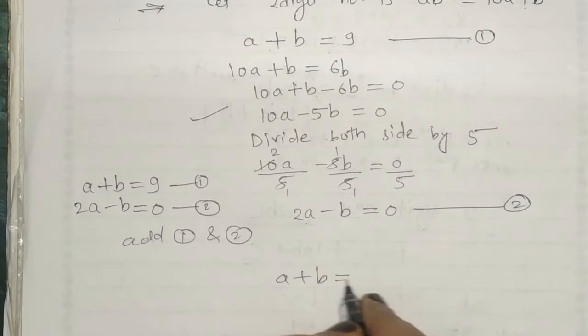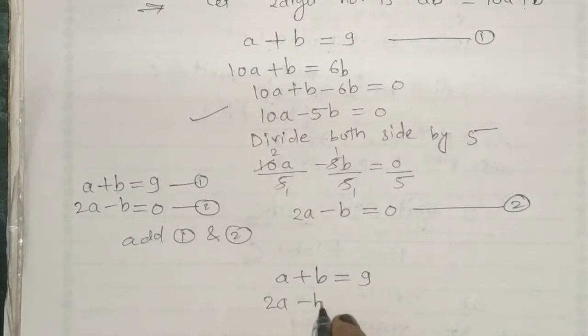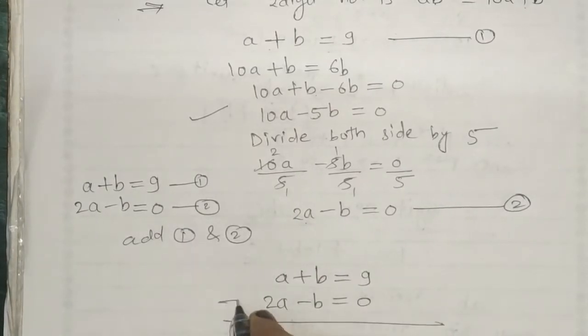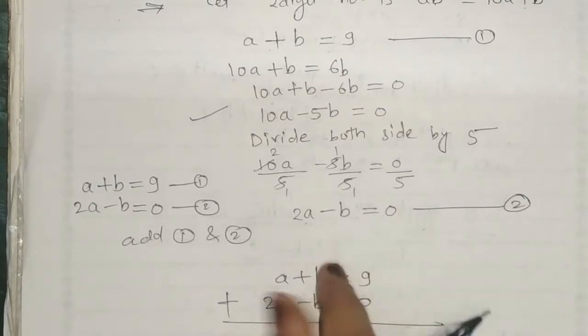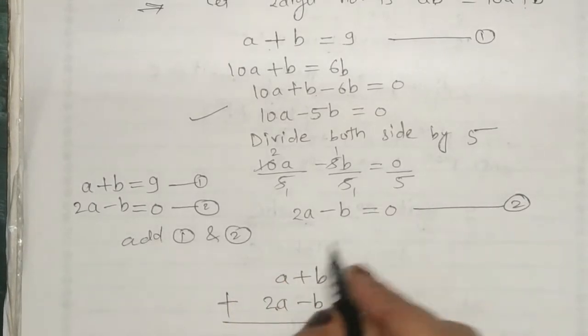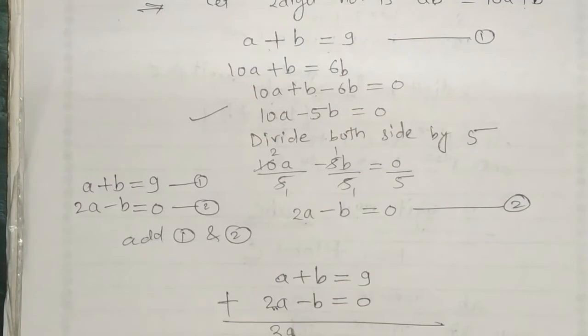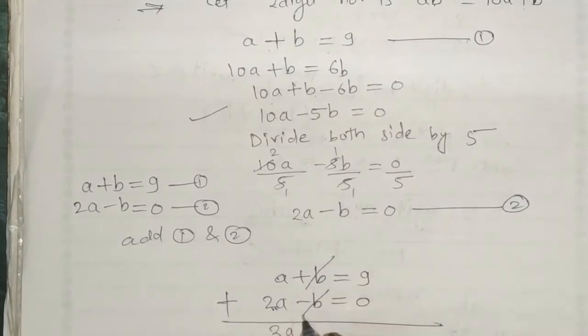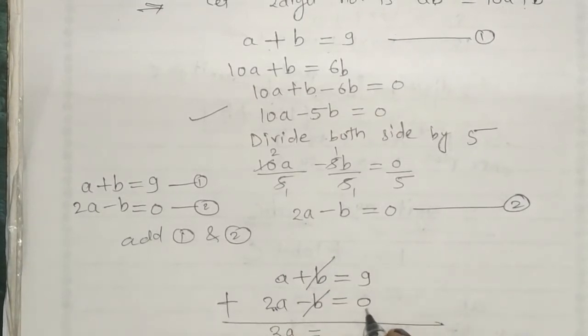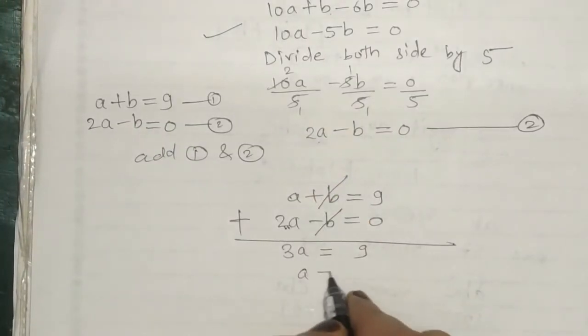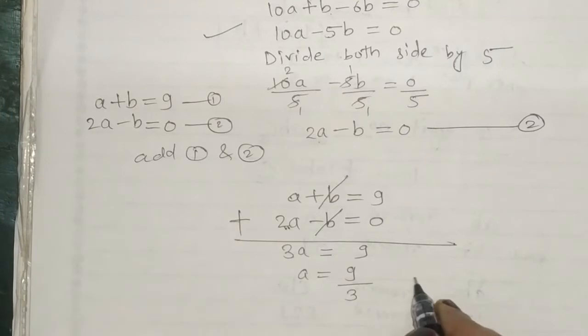A plus B is equal to 9, 2A minus B is equal to 0. Adding vertically like terms, 2A plus A is 3A, and plus B minus B will cancel each other. 9 plus 0 will get 9. So here A is equal to 9 by 3. Therefore A is equal to 3.